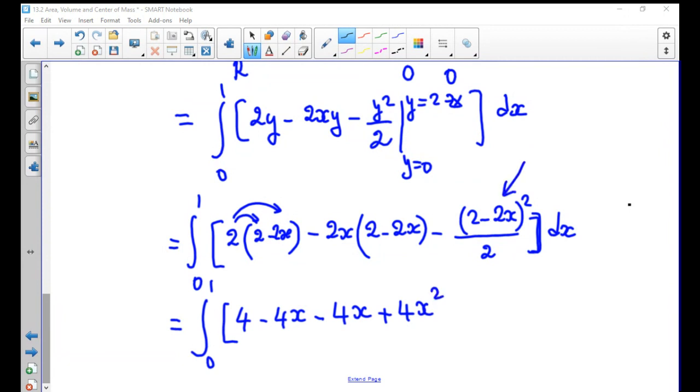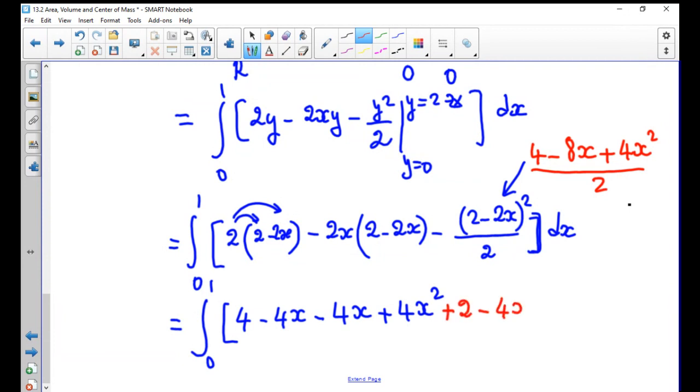Now you need to open this square first, which will give you 4 minus 8x plus 4x squared. And we are dividing everything by 2, so it becomes 2 minus 4x plus 2x squared, and then you integrate this with respect to x.